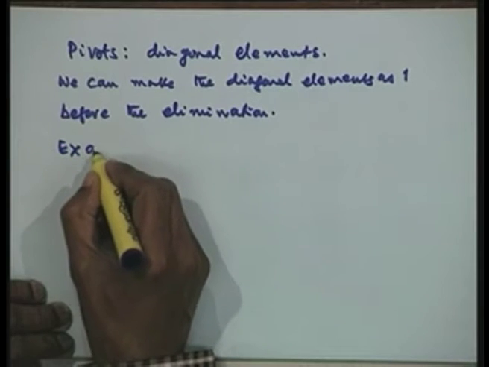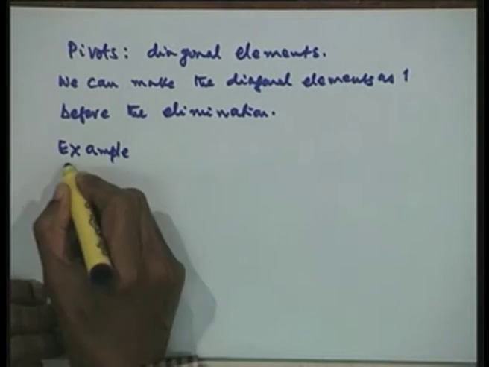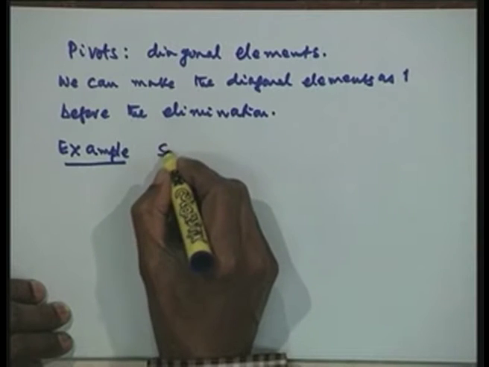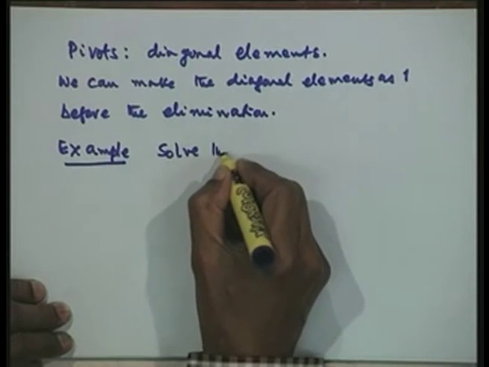Let us first of all take an example on this and let us see how you can do it. So, let us take an example. Let us solve the system.